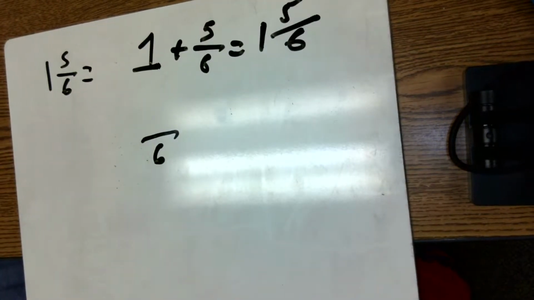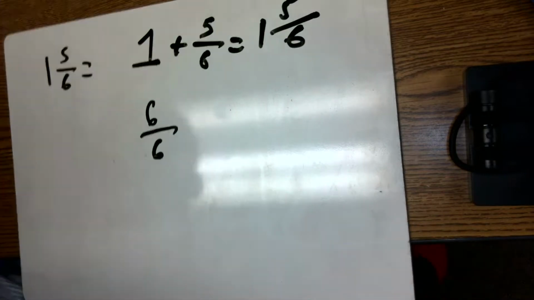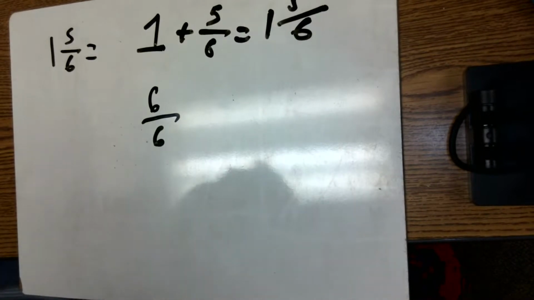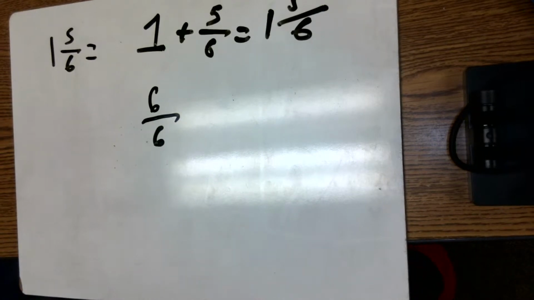But what's my numerator going to be? 7? Not 7. 6. It's going to be 6. Why? What's called equal fractions? What's 6 divided by 6? 6 divided by 6 is one whole.